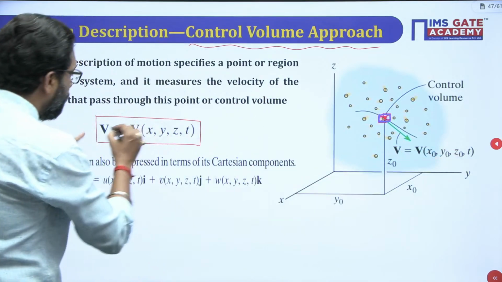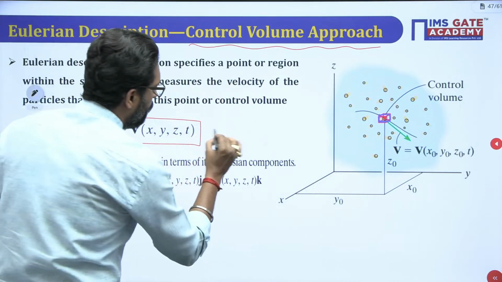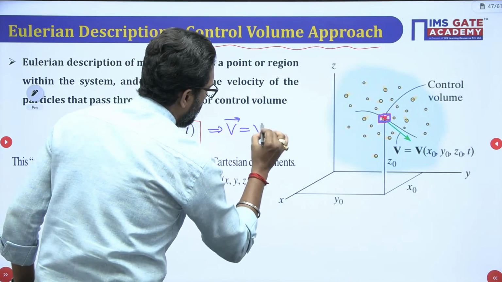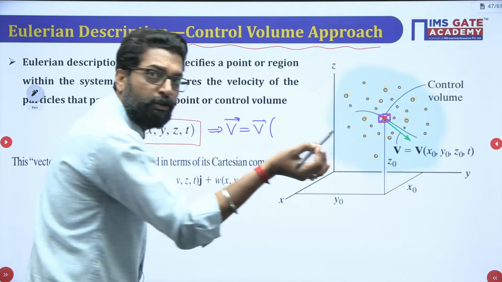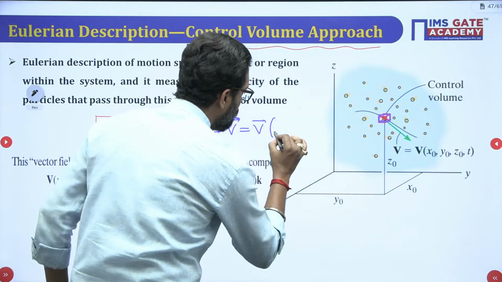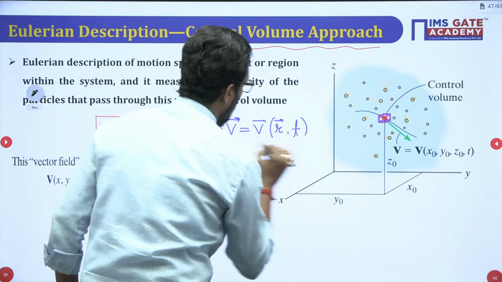So the velocity field V is a function not of the initial position, it is anywhere, because you are focusing the camera anywhere. So it is a function of r and t, which is very important.